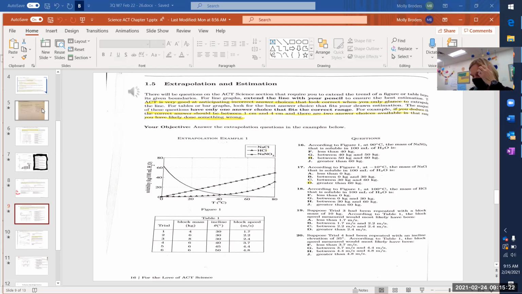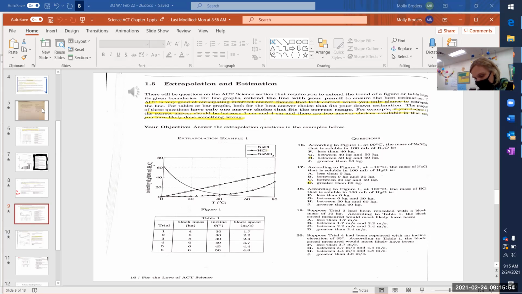Okay. All right, now we're going to get a chance to extrapolate on a table, which is a little bit different. It says, suppose trial 3 had been repeated with a block mass of 10 kilograms. According to table 1, the block speed measured would most likely have been what? Okay, let's look at table 1, trial 3. When it was 8, the block speed was 2.4, right?